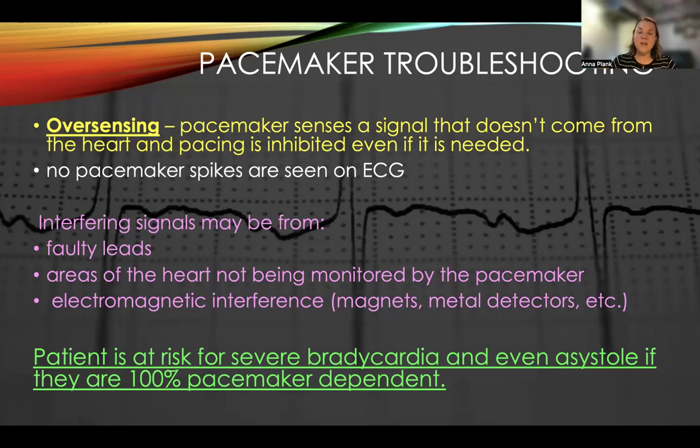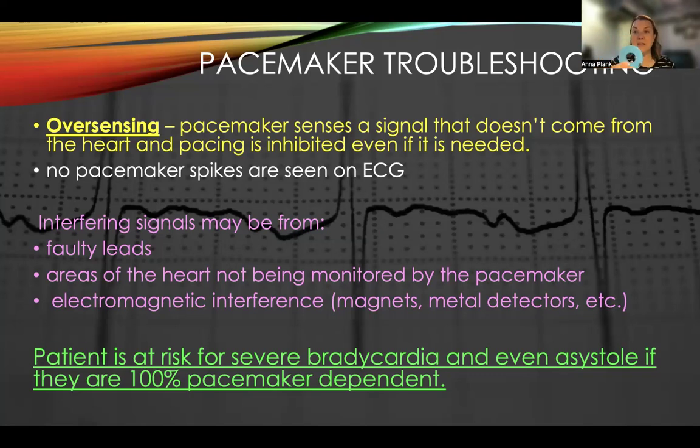So if your patient is 100% dependent on their pacemaker, meaning they have had an ablation, they've had their SA node or their AV node, or there's something wrong there where it is dependent on both that AV and SA node impulses, right? It needs that first spike to get a P wave and a second spike to get a QRS.